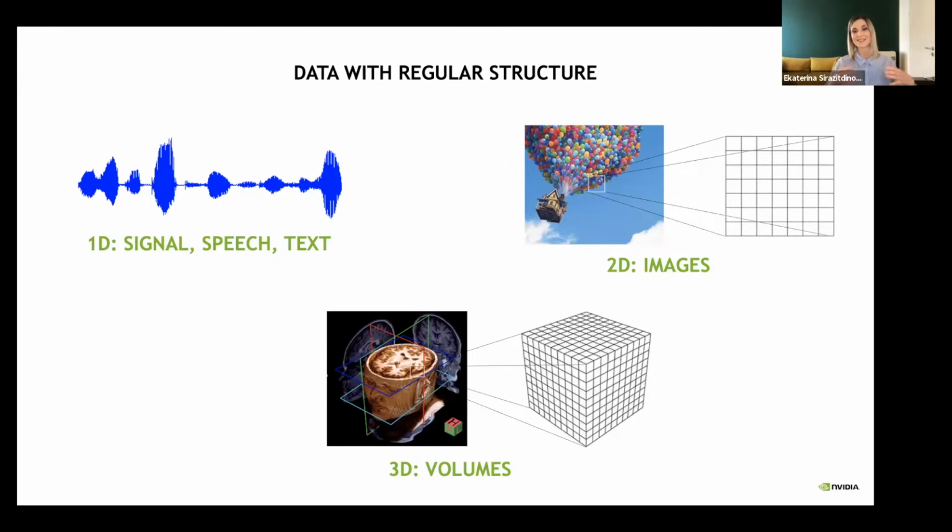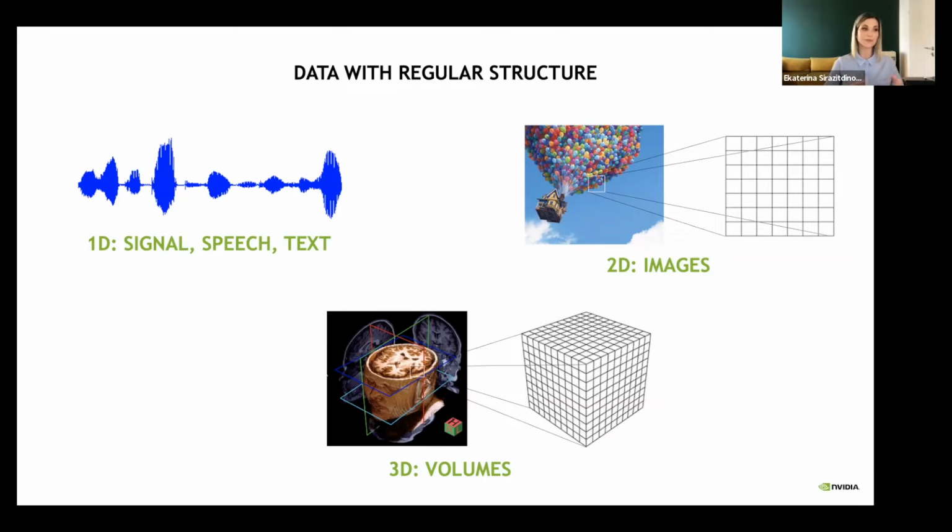There is so much data in this world which has a regular structure. For example, in 1D, we have signal, speech, or text data. In 2D, we have images, which represent a structured matrix. And in 3D, we have volumes, which can be cubes.